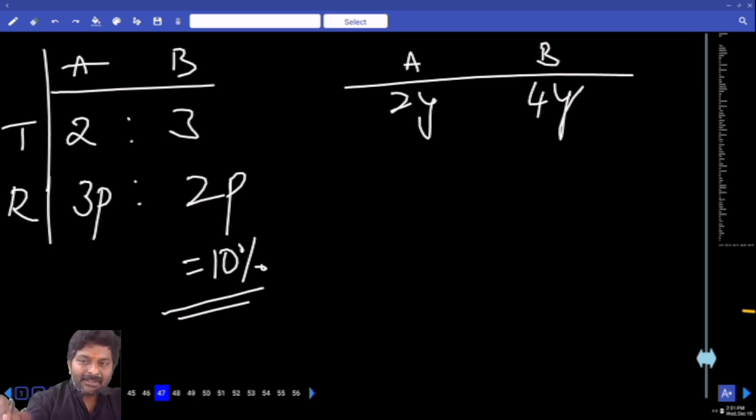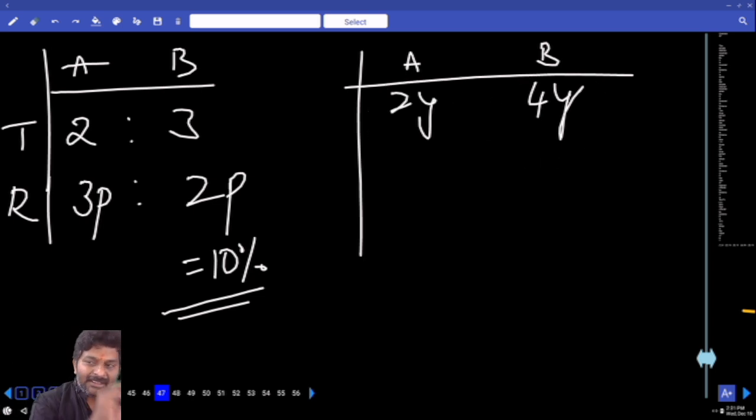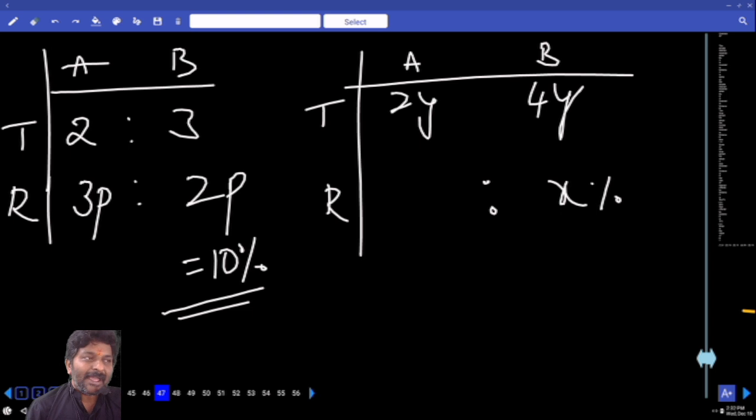Understood? That means the interest that you are getting in 2 years is the same as the interest I am getting in 4 years. In less time itself, you are getting the same interest. That means what should be the relation between the rates of interest? If I give at X% per annum, should you also give at X% per annum, or more, or less?